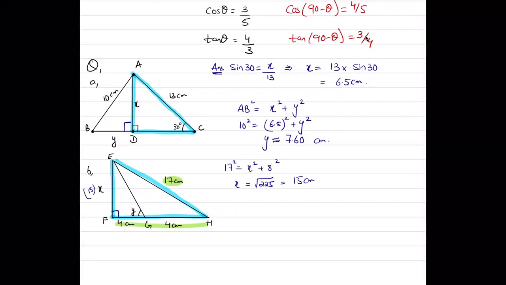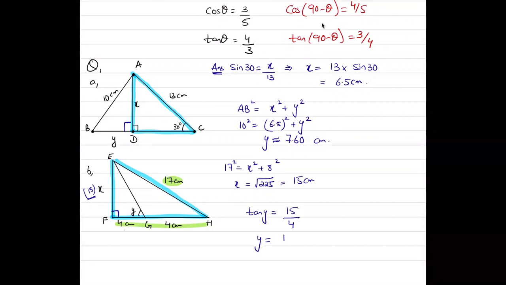Which angle deals with opposite side and the adjacent side? Is it sine, cos, or tan? It's tan. Tan of angle y is equal to perpendicular upon base, that is 15 upon 4.